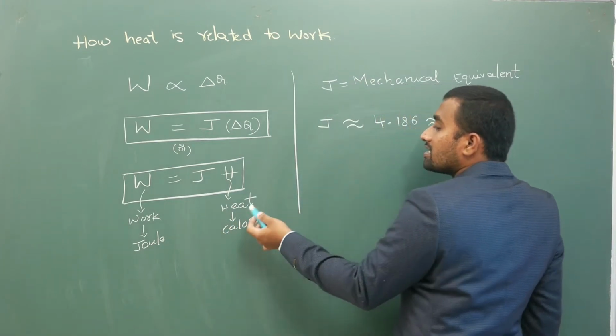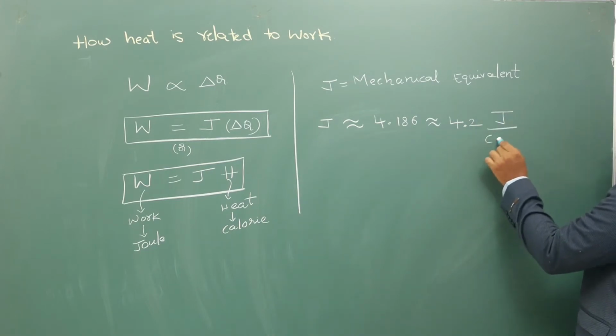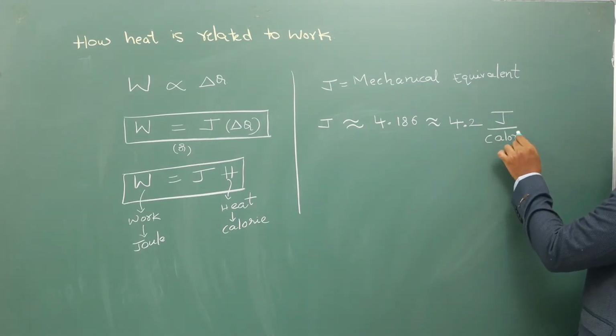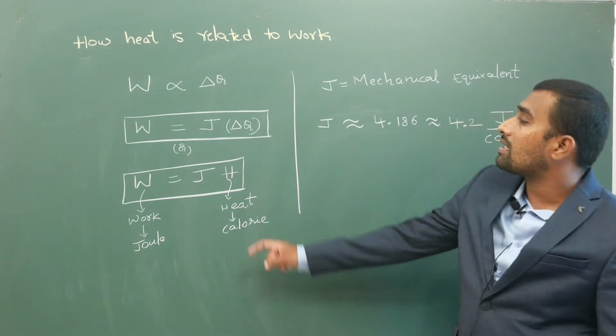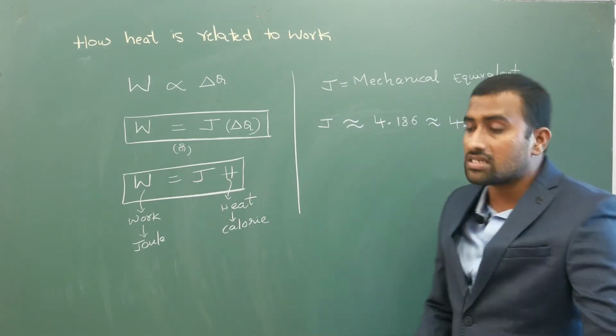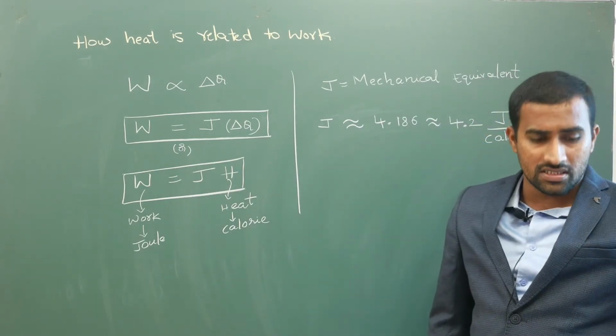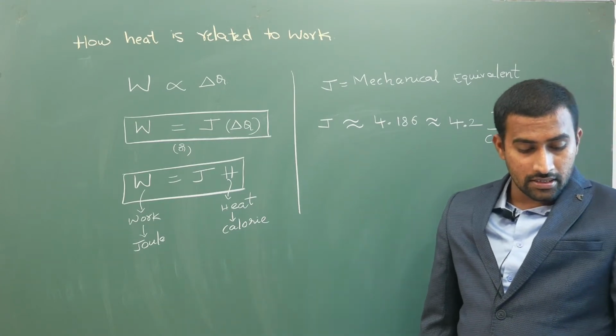So this J unit will be 4.2 joules per calorie. This is what you are going to get when you are relating work with heat. So with this basic idea, I hope you know the relation between work and heat.